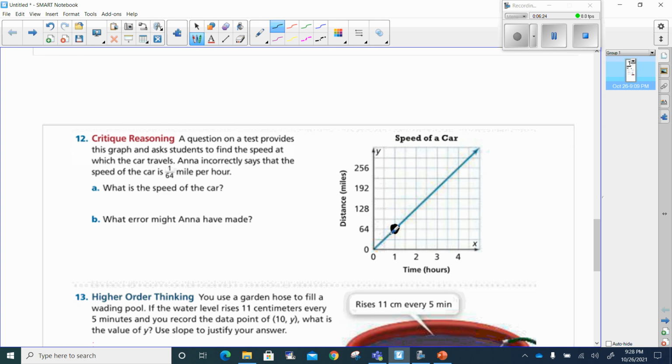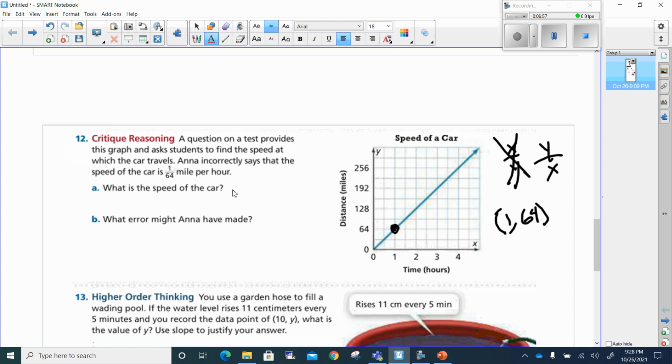But I think what they got mixed up is the coordinate is x first, which is 1, and then 64. But don't forget, we do not put x over y when we're looking for our rate. Okay, this would be wrong. We put y over x. All right, and that would make this 64 over 1. So what is the speed of the car?